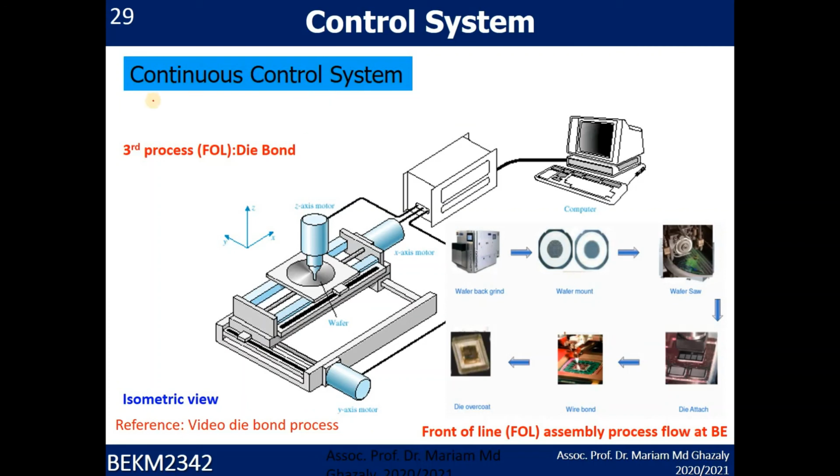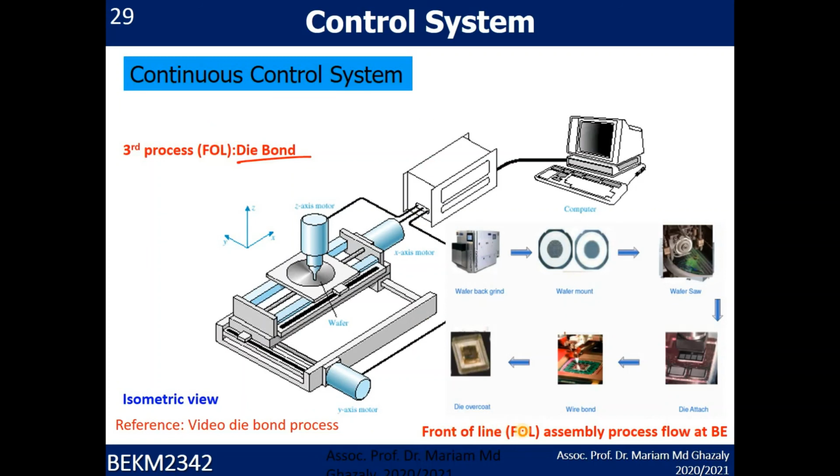Let's see an example of a continuous control signal: the die bond process. It is the third operation in the front of line process.